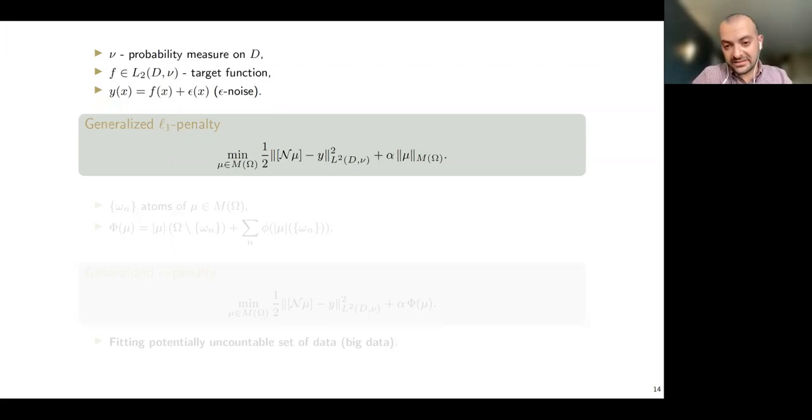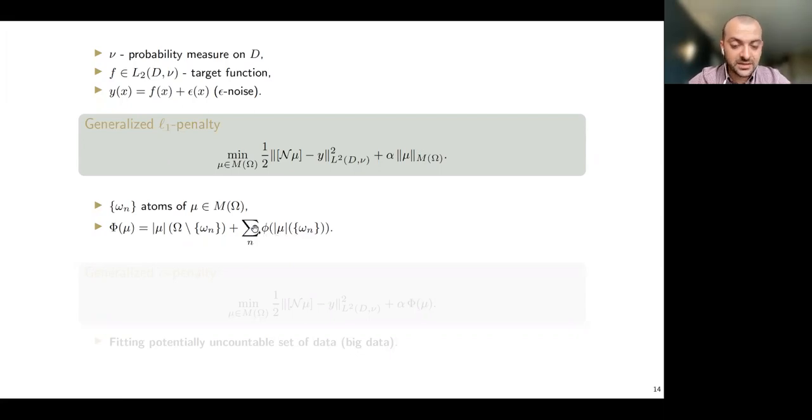But how about the phi penalty, the one that our function is trying to minimize? Turns out you can extend the phi penalty in the same way. If you look at the atoms of this measure mu, and you split it into the continuous part and the discrete part, then you can define this function phi of mu, which is the total variation of mu on the continuous part plus the sum over n of phi of the total variation at omega_n.